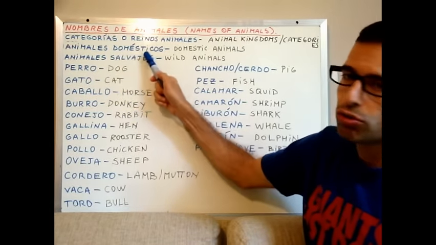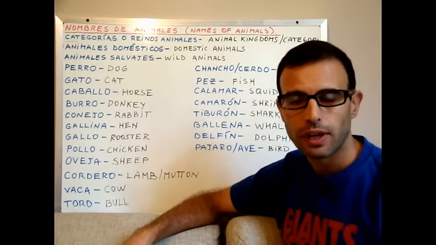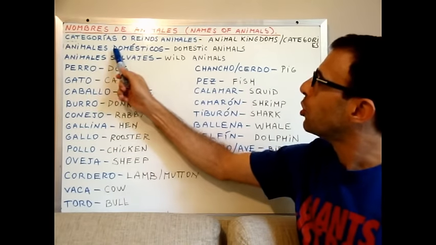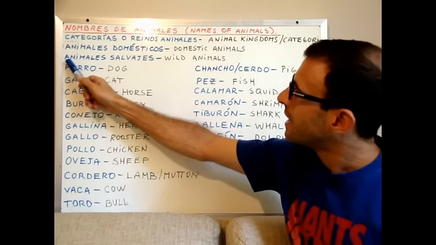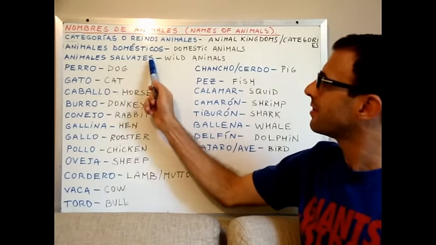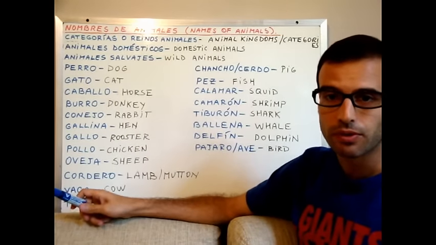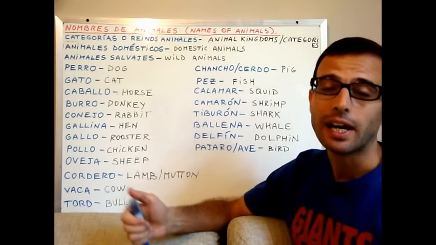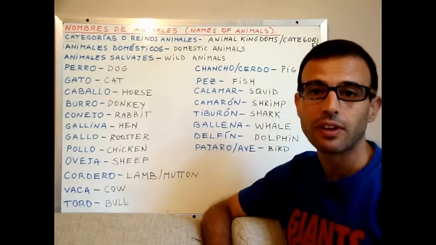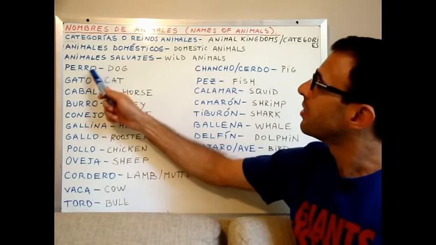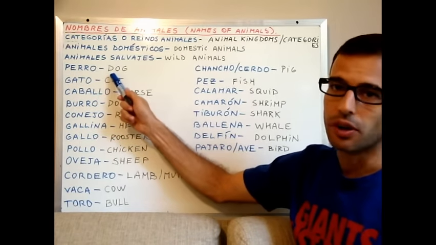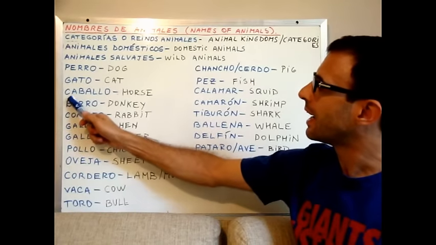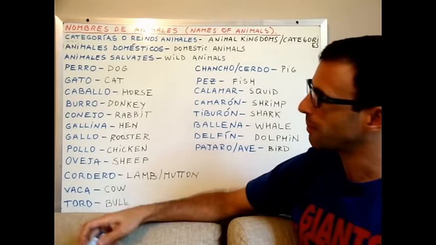Animales domésticos are the domestic animals, like the dogs, the cats. And animales salvajes are the wild animals. The most common animal, when we think of an animal, is a dog, right? So, perro is dog, gato, cat, caballo, horse.